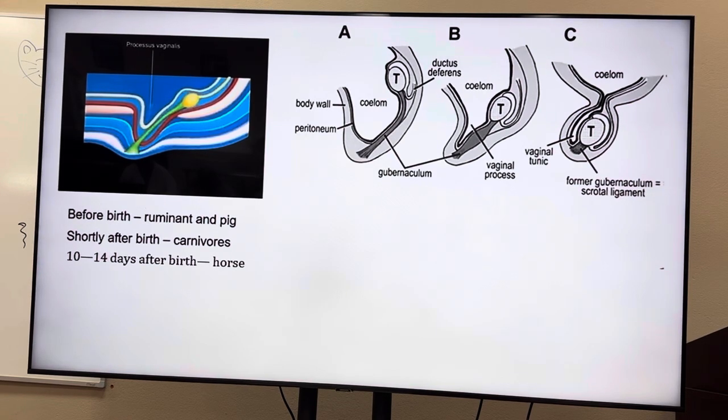So why do we have testicles in domestic mammals outside? It is stated that in domestic mammals, the testicles need to be at least 5 degrees Celsius lower than the body temperature to function.